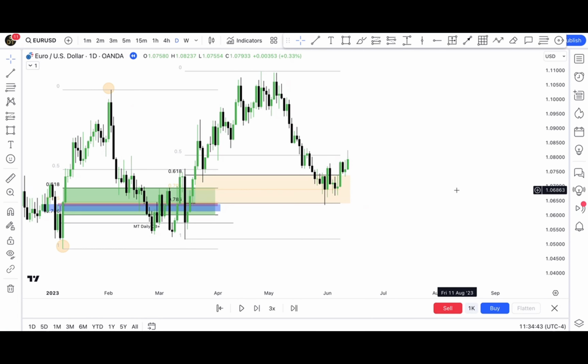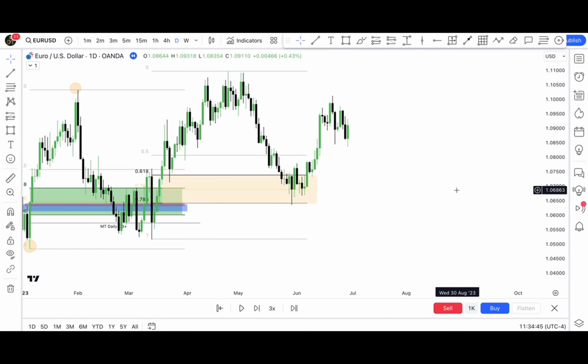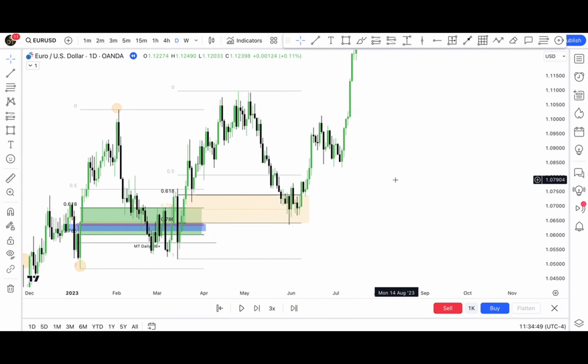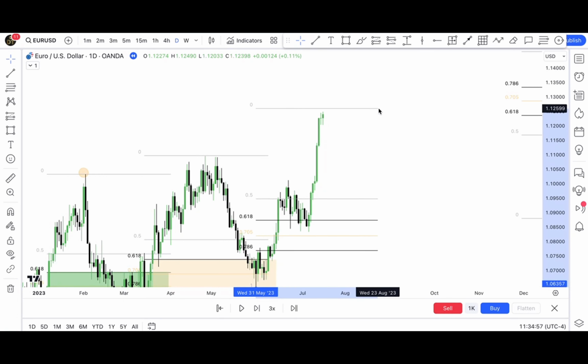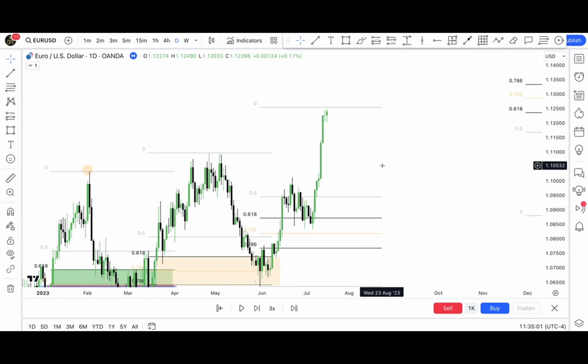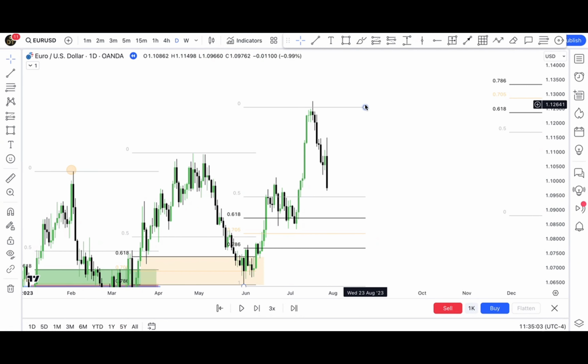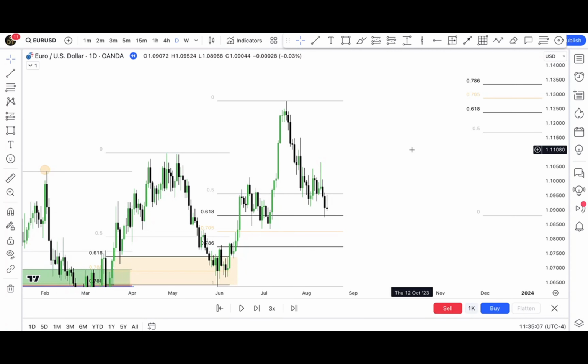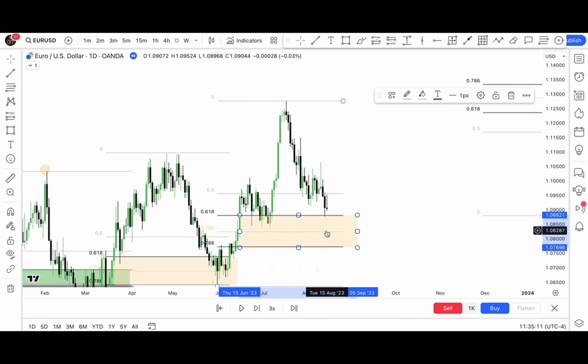You see the bodies respecting it and moving away. And now it goes even higher. No OTE, so we're just going to trail this. Here it touches the OTE area. Right there.